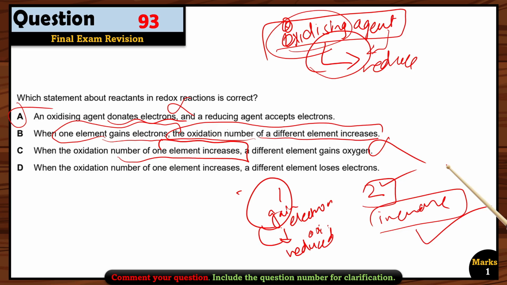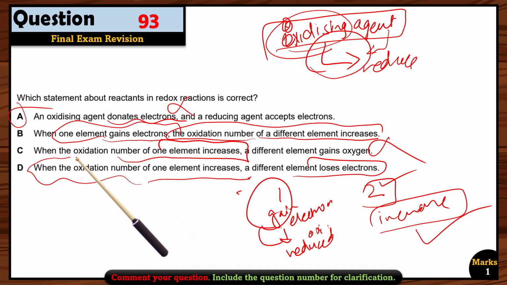Now let's see D option. When the oxidation number of one element increases, a different element loses electrons. Okay, so whenever the oxidation number of one element is increased, what will happen? If we have two different elements, and the oxidation number of this element is increased, right?